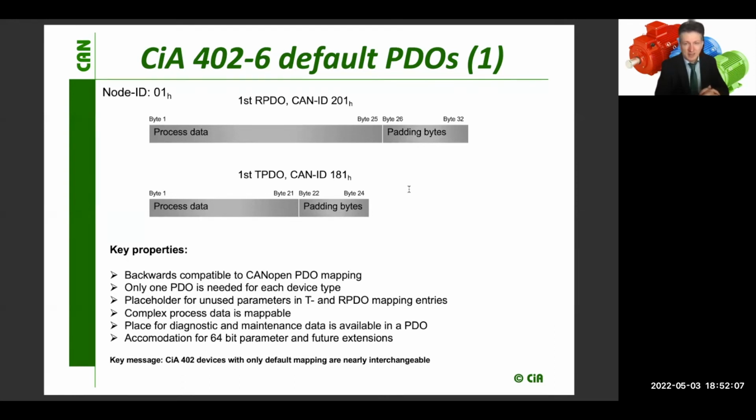I show here an example of a generic device, what we need to have there as receive PDO configuration and transmit PDO configuration. What do we need to know about this? Well, they are all only mappings of the process data which are really needed in this case.